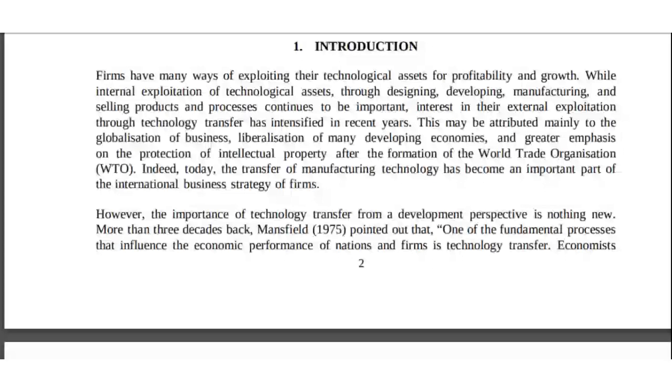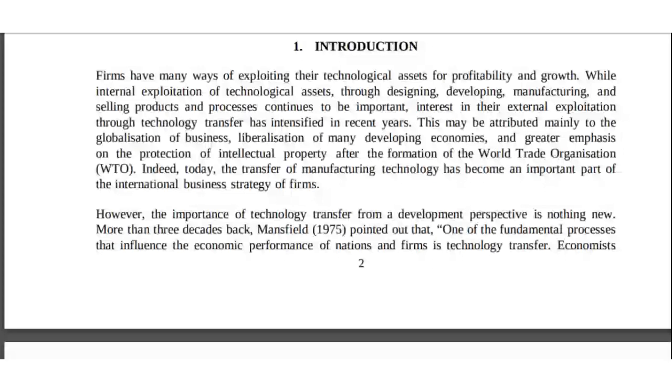Let's read this part as well. However, the importance of technology transfer from a development perspective is nothing new. More than 3 decades back, Mansfield pointed out that one of the fundamental processes that influence the economic performance of nations and firms is technology transfer.